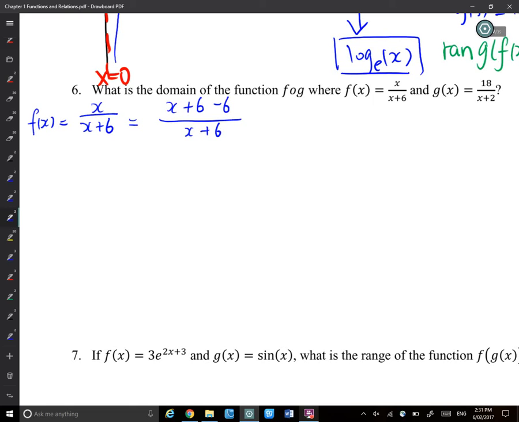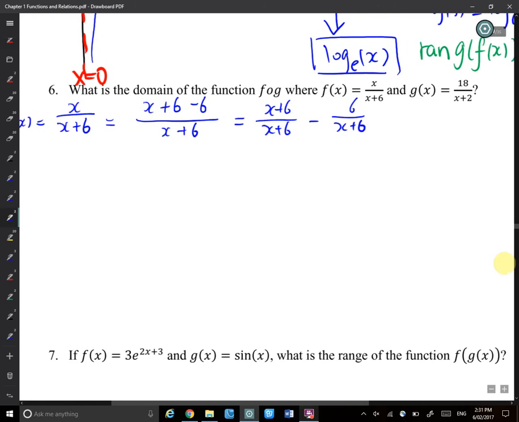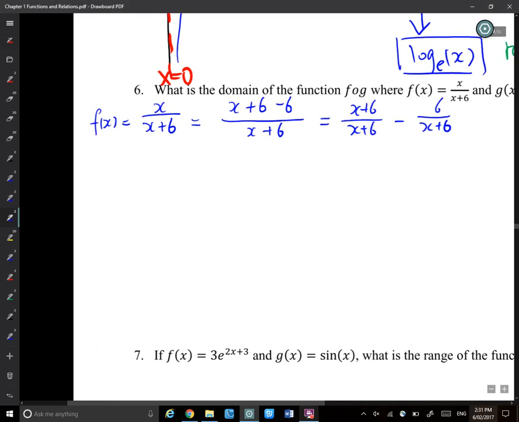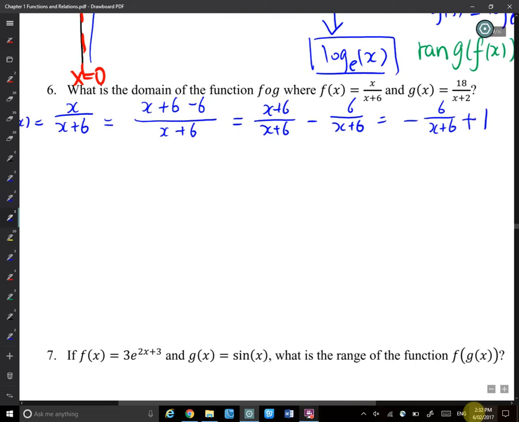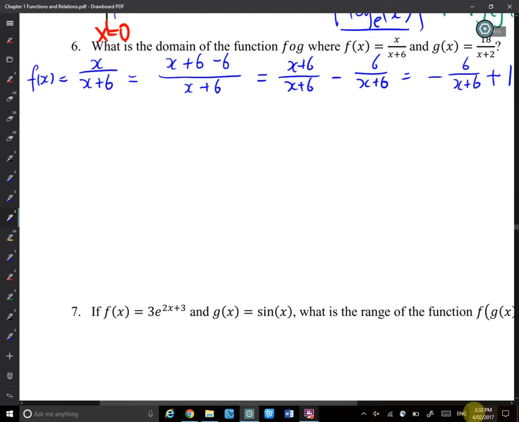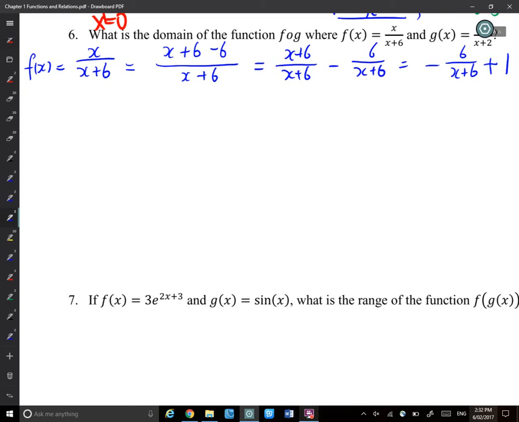It's still the same fraction. So I have x plus 6 over x plus 6 minus 6 over x plus 6, and that gives me minus 6 over x plus 6, plus 1. As that looks familiar now, it's a truncus.